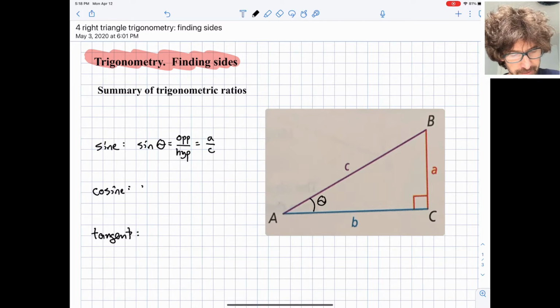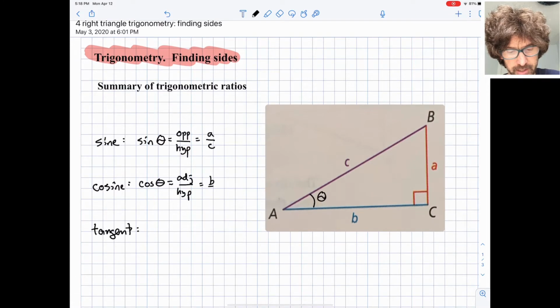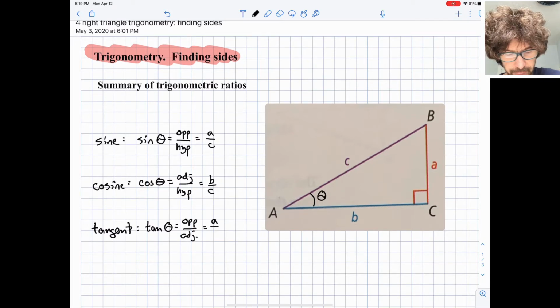The cosine of theta, pronounced cosine, is equal to the ratio of the adjacent side divided by the hypotenuse, and in this case it's b over c. And the tangent of theta, pronounced tangent, is equal to the ratio of the opposite side divided by the adjacent side, which in this case is a over b.